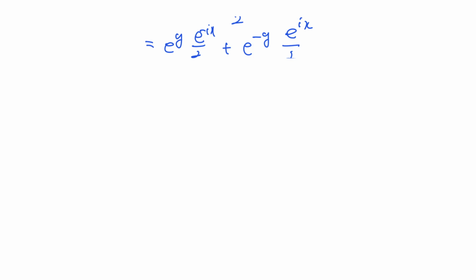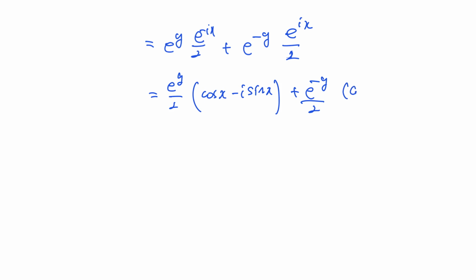Okay, so we have the 2 here. So that is exponential y over 2 times cosine x minus i sine x, plus exponential minus y over 2 times cosine x plus i sine x, right?